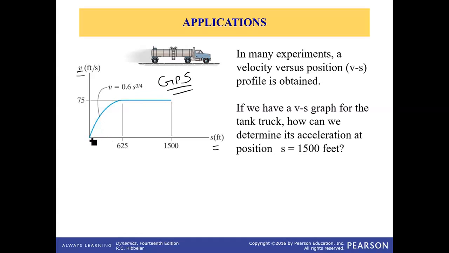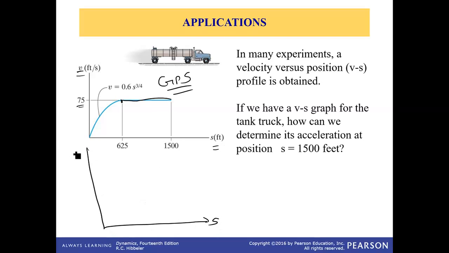We can see here that the speed of the truck increases relative to position for the first 625 feet. But then the speed remains constant, so the truck travels at constant speed for the remaining distance up to 1500 feet. So this is a velocity versus position graph.